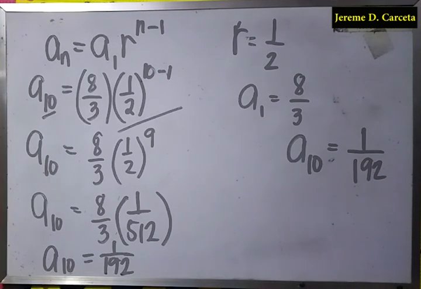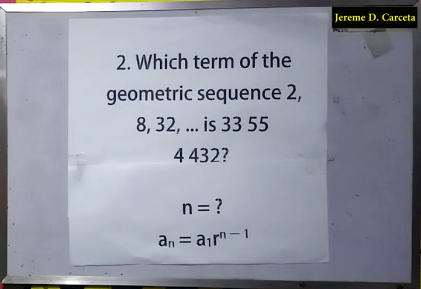So our a sub 10 here is equal to 1 over 192. Okay, let us take another example. Which term of the geometric sequence 2, 8, 32, and so on is 33,554,432?